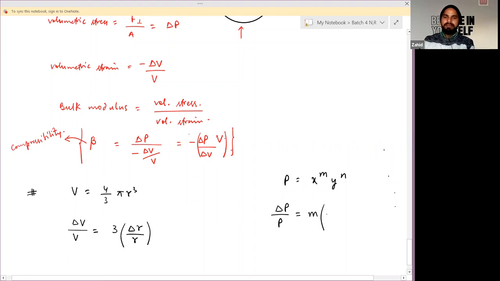So it will be m times delta x divided by x plus, y raised to the power n, it will be n times delta y divided by y. Is it clear?